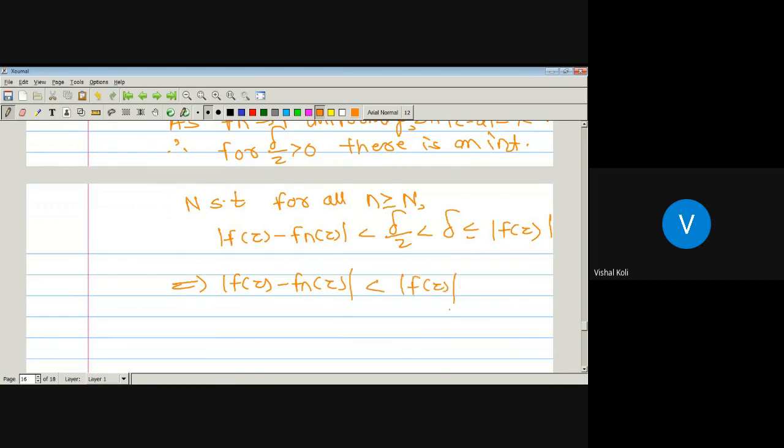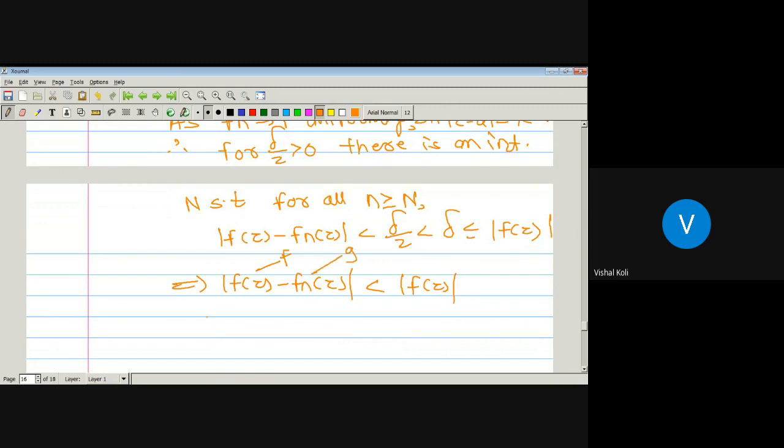Now, by the second corollary of Cauchy's theorem, if f and g are two analytic functions and modulus of f of z plus g of z is less than modulus of f of z, then both the functions f and g have the same number of zeros. Here f is nothing but f only and g is nothing but this fn.